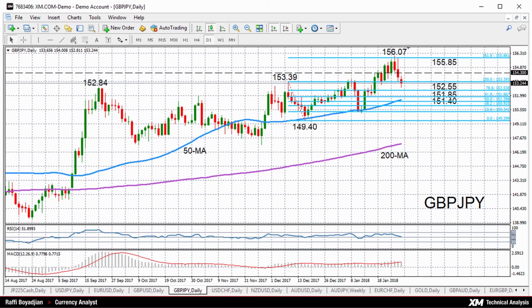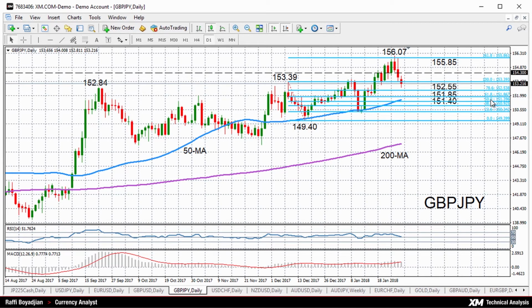Immediate support is at the 78.6% Fibonacci retracement of the down leg from 153.39 to 149.40, which is at 152.55.